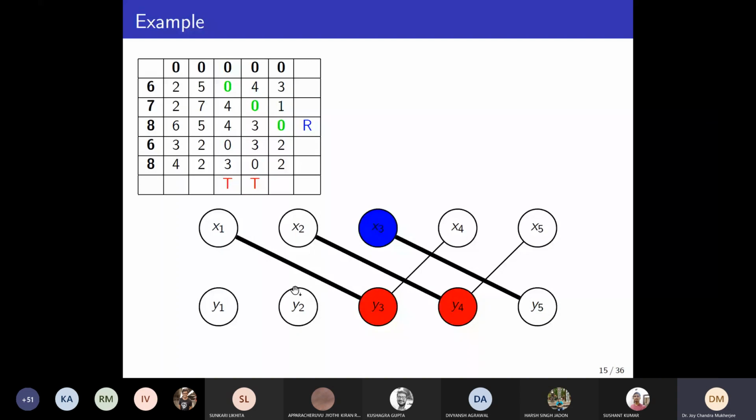Those edges should correspond to 0. To do that, we manipulate ui and vj in such a way that the cover condition, that is ui plus vj greater than or equal to wij, is always maintained for all ij. Still it introduces more edges.